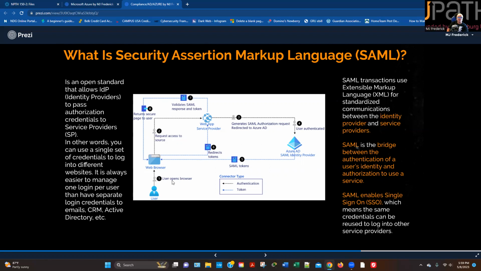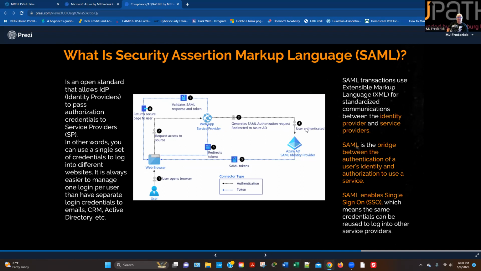And this is how it works. You start off with a user opening up their browser. They request access to a particular resource, which goes to the web app server, the web application service provider. Then SAML will generate an authorization request and gets redirected to Active Directory.